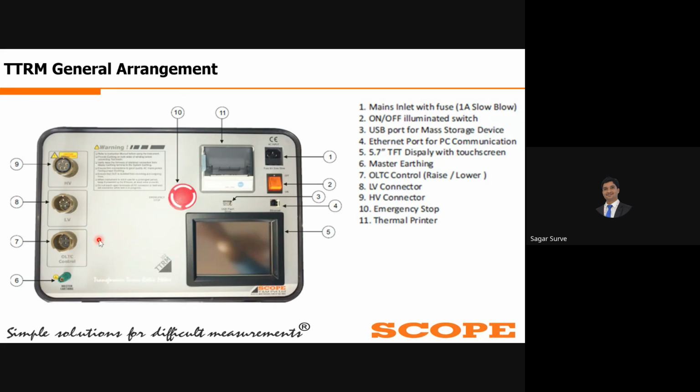With these HV terminals, we can connect the output wires to the HV bushings of the transformer and the LV bushings of the transformer. Whenever we conduct the transformer turns ratio measurement test, we always apply voltage to the HV side and measure the voltage at the LV side.